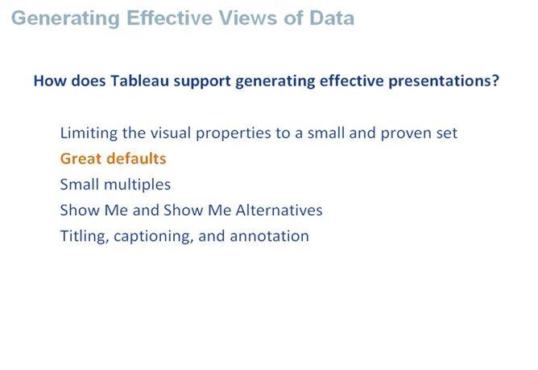So limiting the visual properties to a small proven set, let me talk to that point first. Often I'm asked, why don't we include more encodings in Tableau? We could use orientation or more transparency or 3D or some other type of encoding. And the fact is it's actually really hard to use multiple encodings within a single visualization.